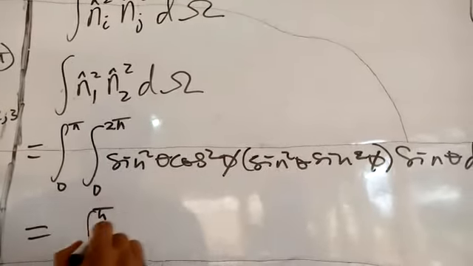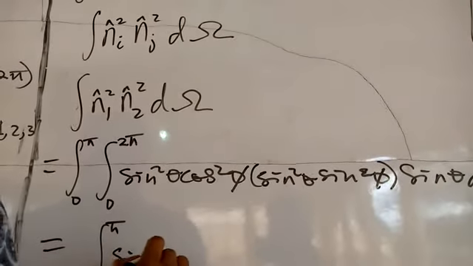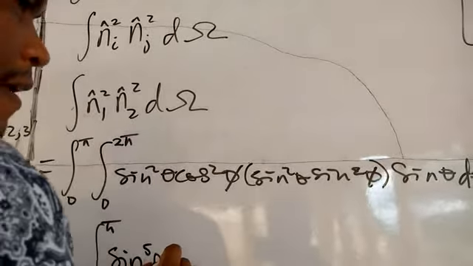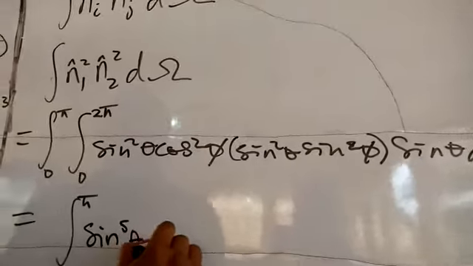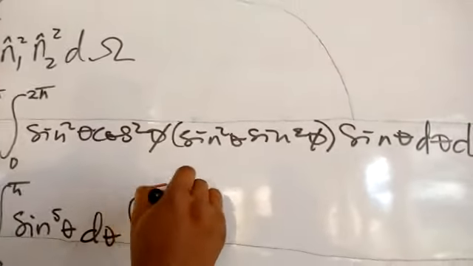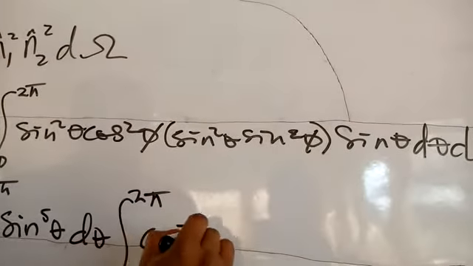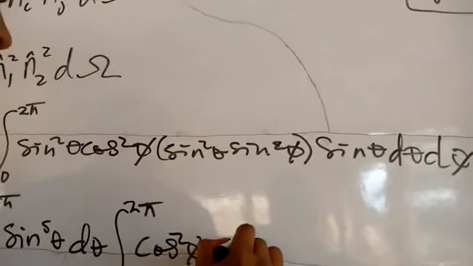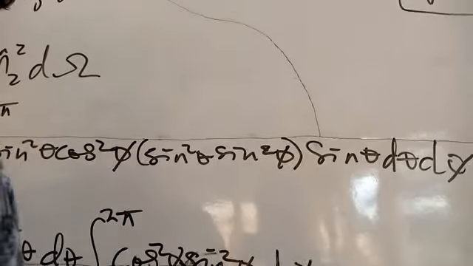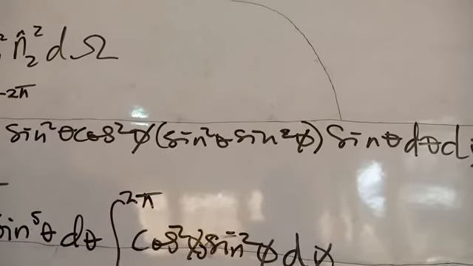Sine squared theta, sine squared theta. So this is sine raised to power 5 theta. And then, of course, in this case, I have no cos theta. So this is what I have, d theta, 0 to 2 pi. Now this is going to be cos squared phi, and this is sine squared phi, d phi.